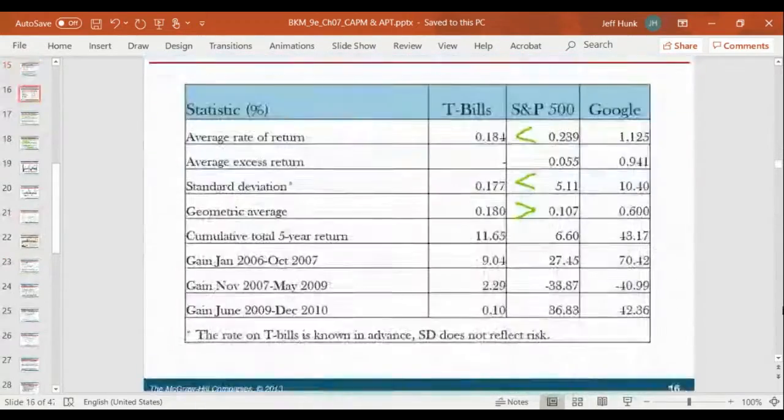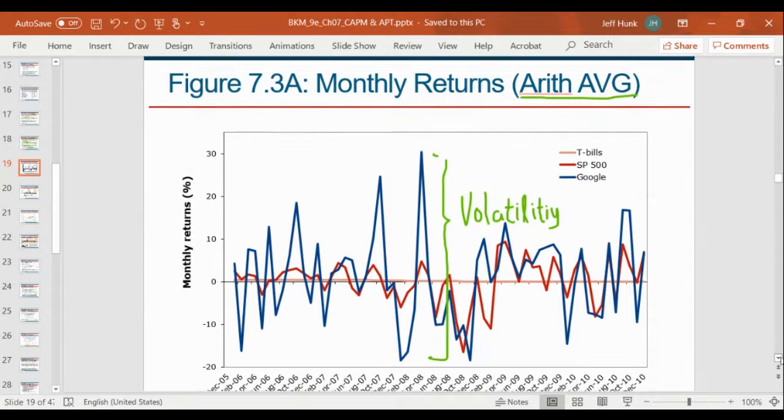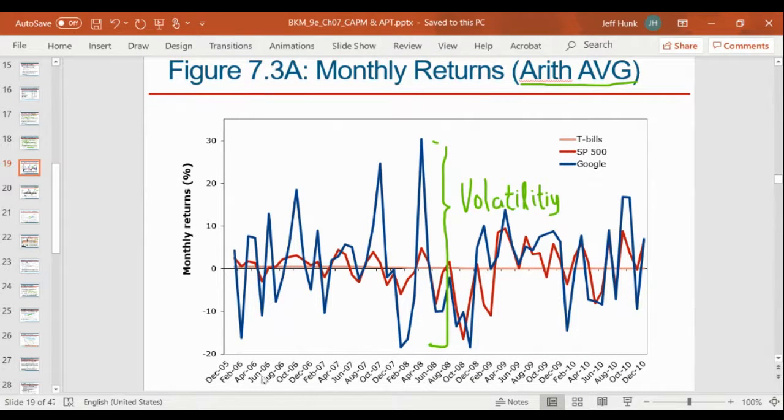Look at the arithmetic average of T-bills, S&P 500, Google. It fluctuates a lot, but look at December of 2005 to December of 2010, a 10-year period. It's not like an upward trend, because it's return, right? Price would have been following that trend, right?